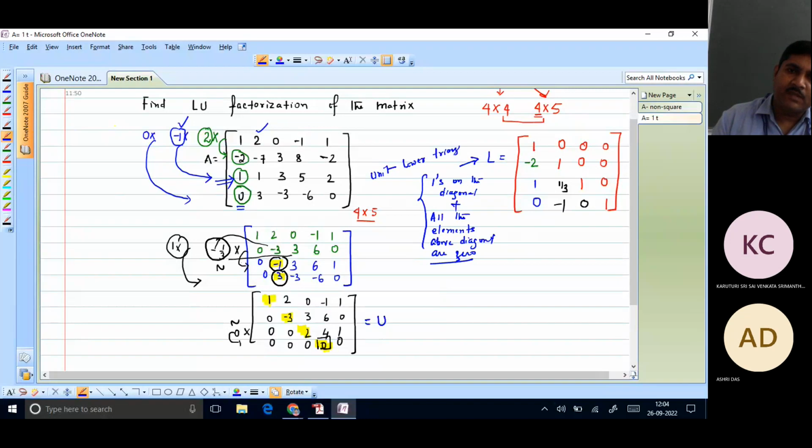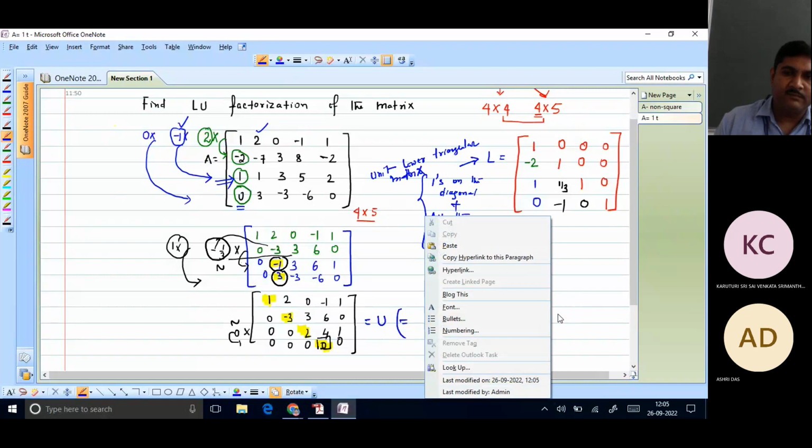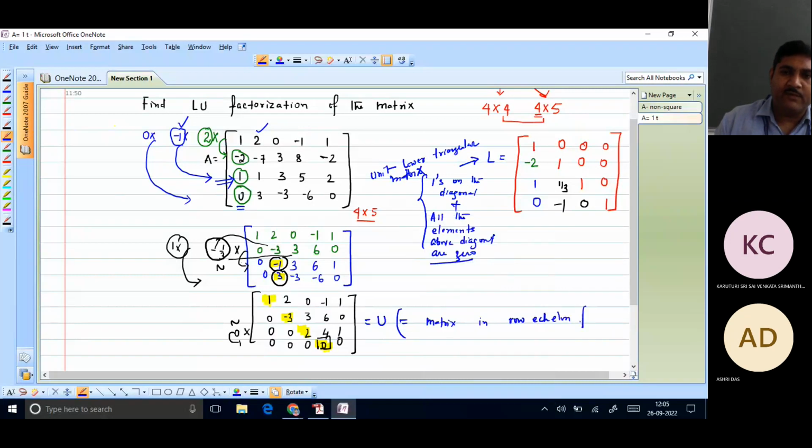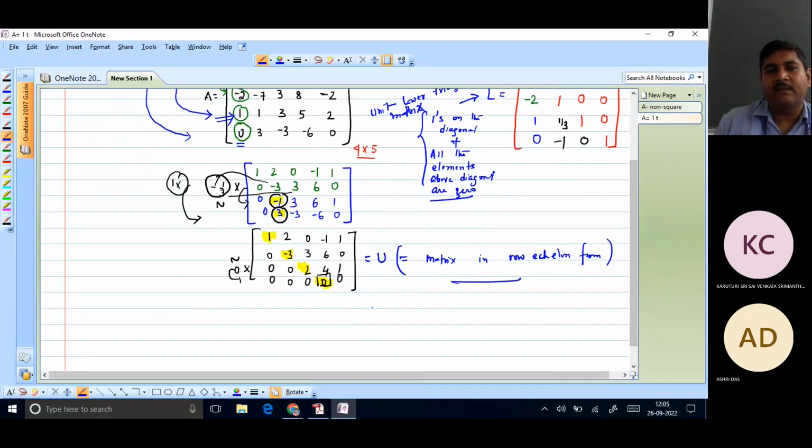And what is my U? U is a matrix in row echelon form. Okay? So this way I can write A as the product of L and U.